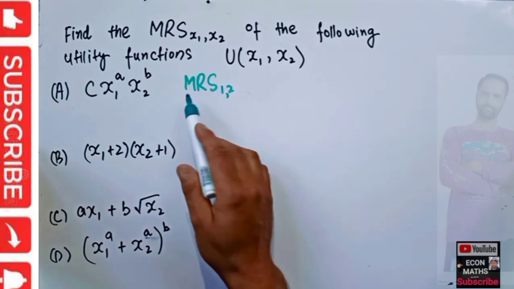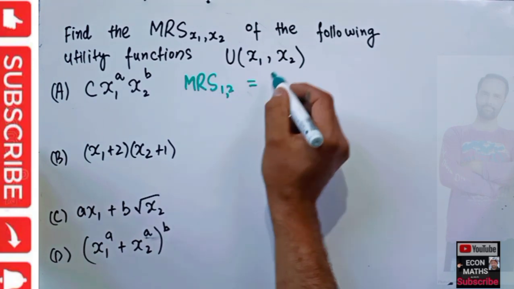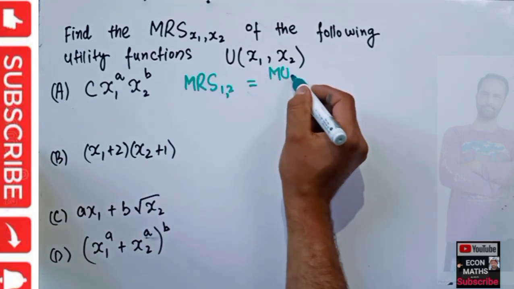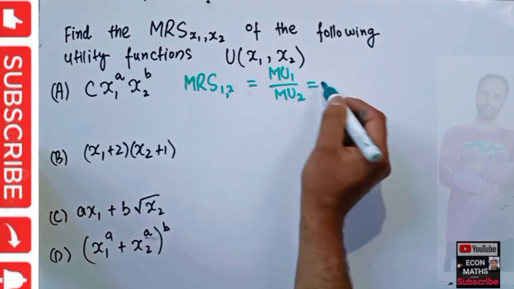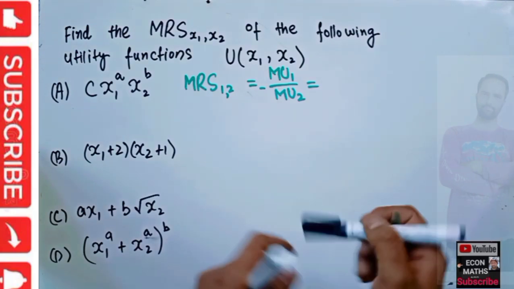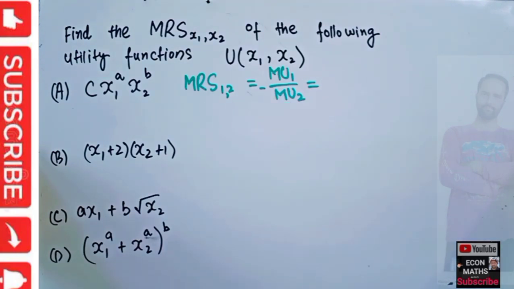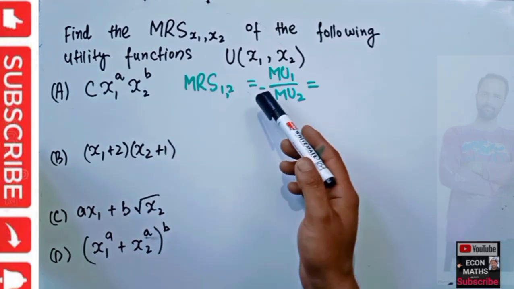The marginal rate of substitution between good x1 and x2 is given by the marginal utility of good x1 divided by the marginal utility of good x2, and a negative sign obviously, since the marginal rate of substitution denotes the slope of the indifference curve, which has a negative slope.